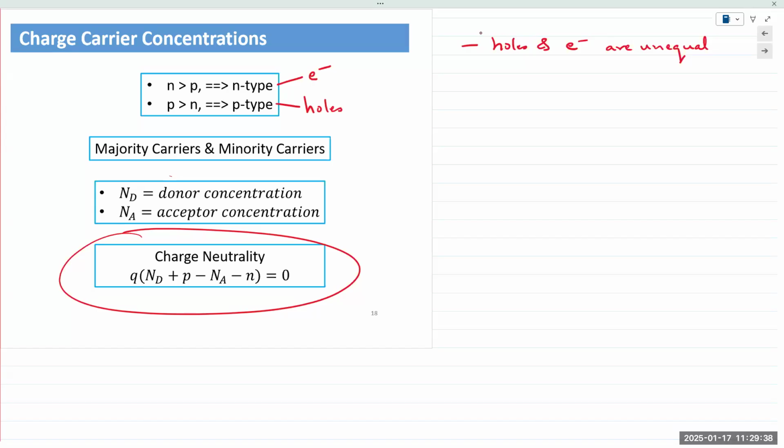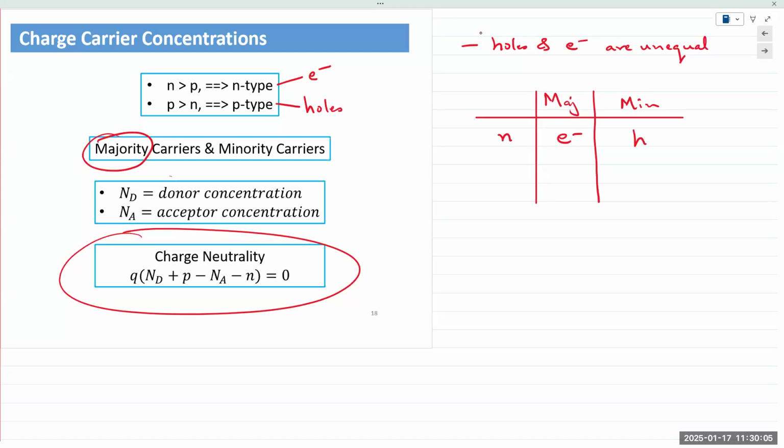Hence, in an n-type material, let's do this breakdown. Majority carriers and minority carriers. In an n-type material, the electrons are the majority carriers and holes are the minority carriers.